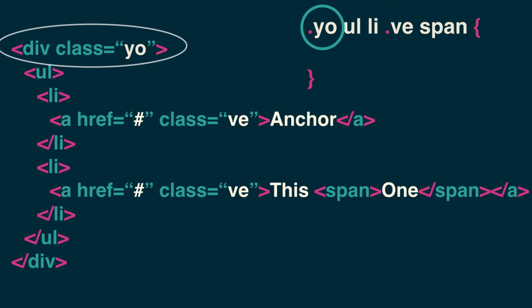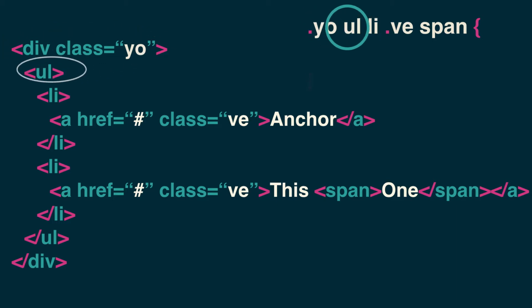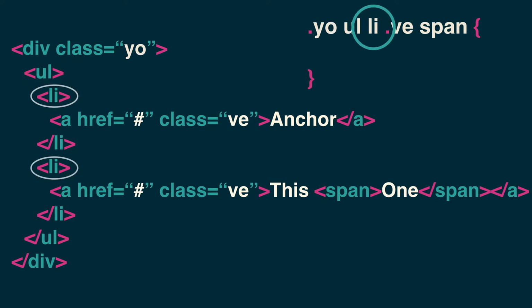If we continue traversing, we go ul, li, but when we get to the li, we've actually matched two different elements because there are two li's in the same path. If we were to stop here, we could style, for instance, the default bullets of the li elements.